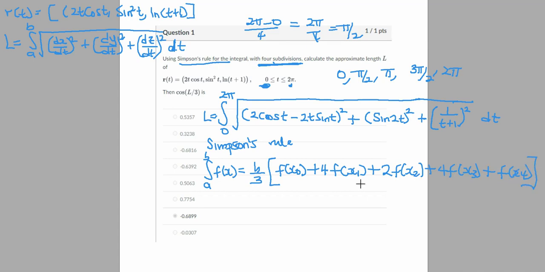So this is the Simpson rule, whereby our x naught is 0. This is our x naught. Our x1 is this. Our x2 is this. Our x3 is this.